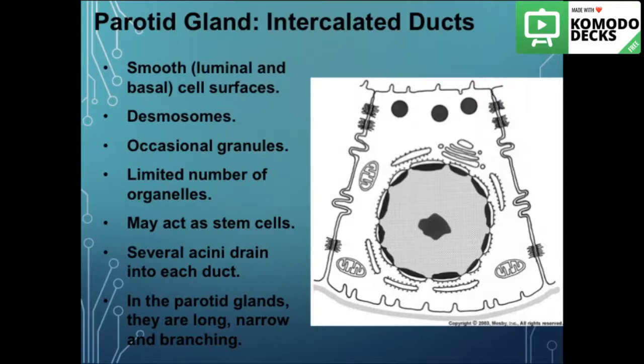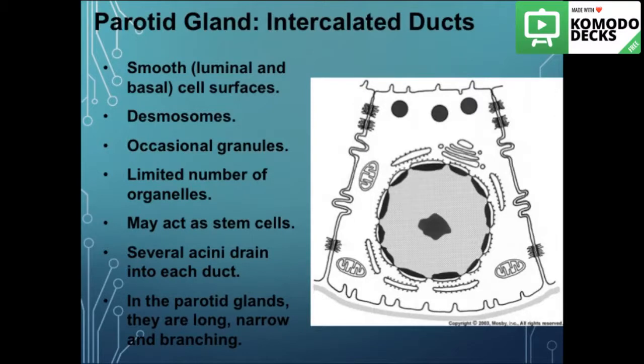Next, several acini drain into each duct. So in one lobule, we find many intercalated ducts. In the parotid glands, they are characterized by being long, narrow, and branching.